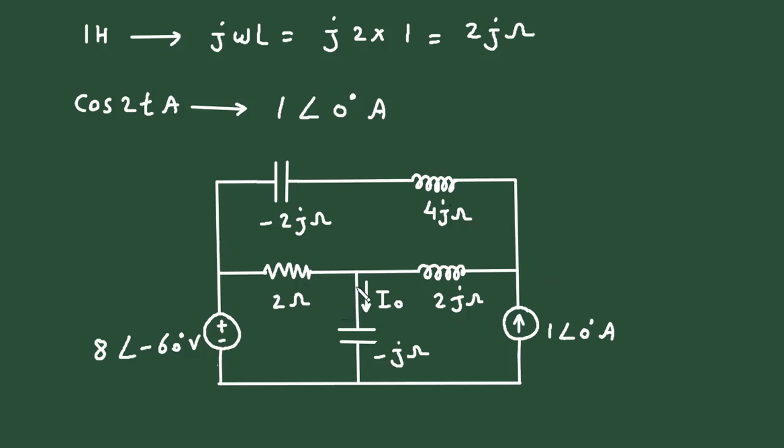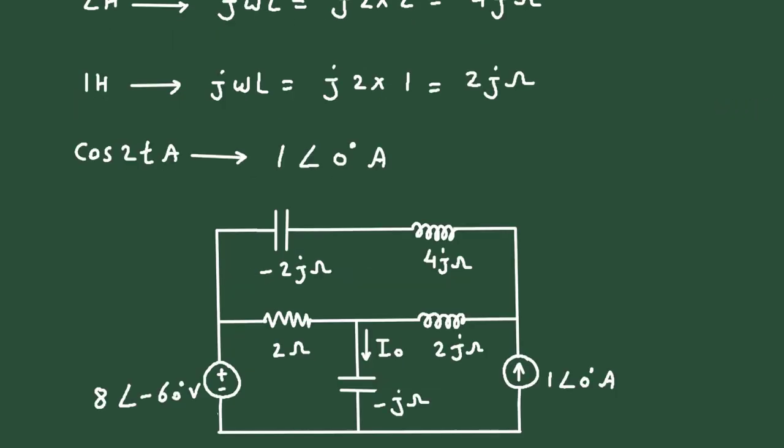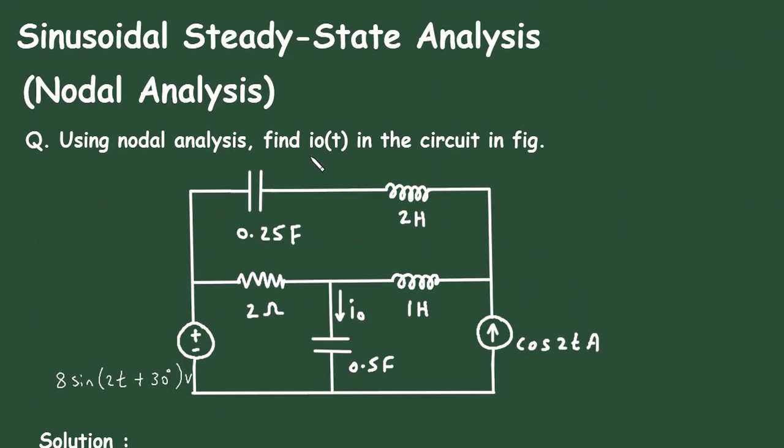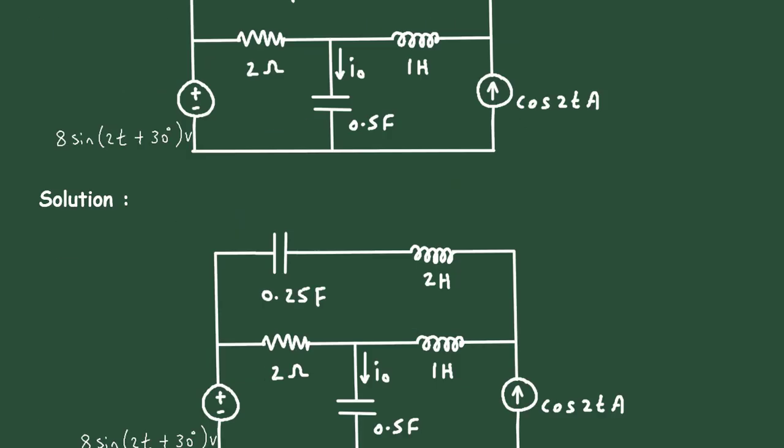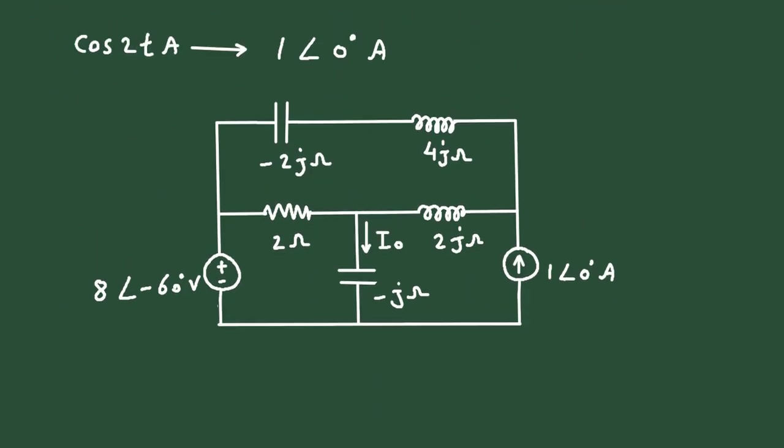Now we can easily calculate what we have to find. We have to find the value of I/O of t by using nodal analysis. So first of all, let's assume this as the reference node or ground node with 0 voltage. This is node V1, this is node V2 and this is node V3. Now let's say all the currents are towards this reference node.